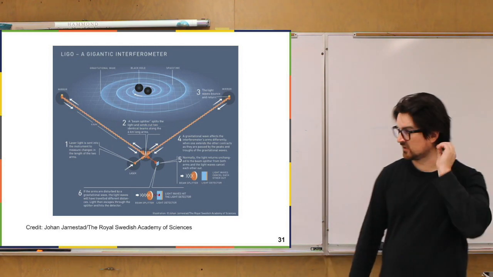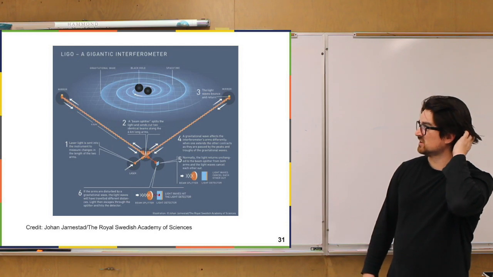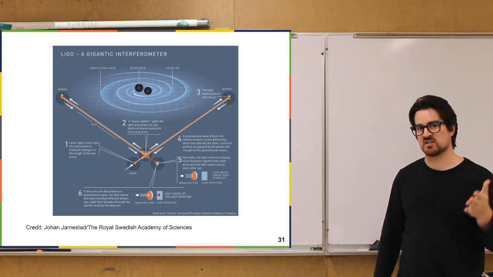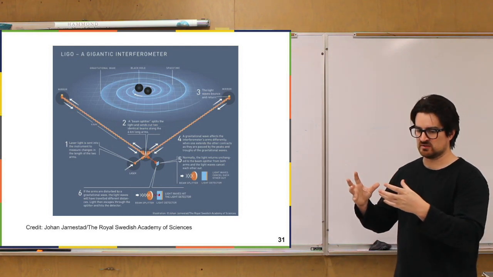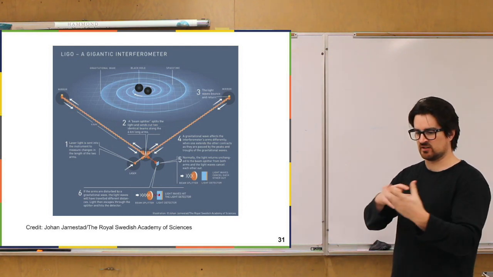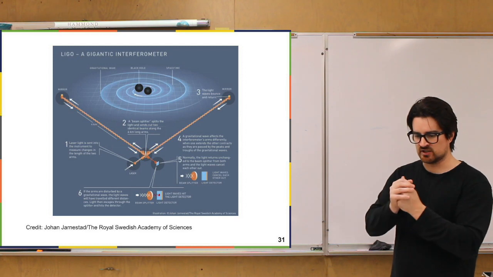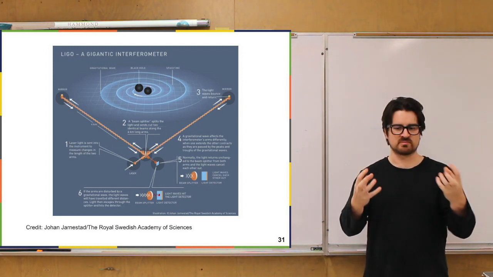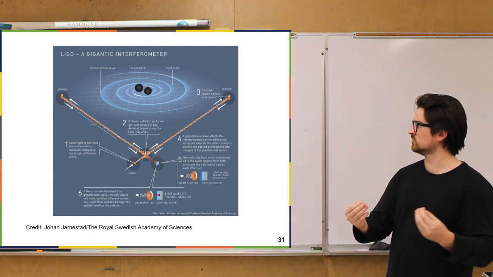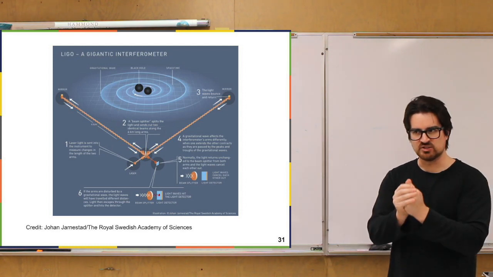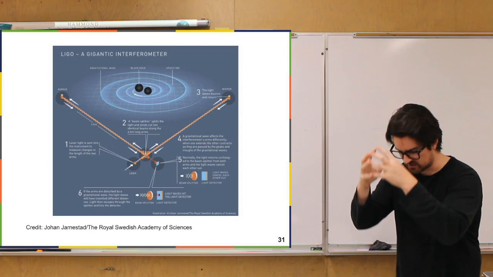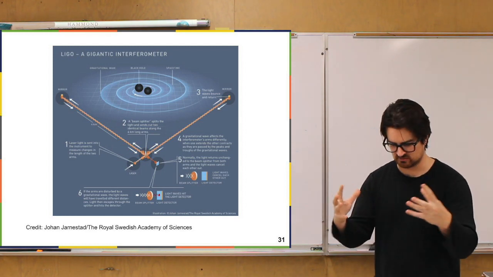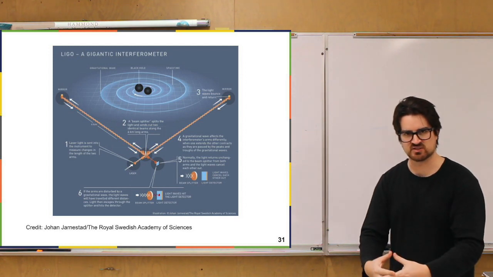So LIGO is measuring the change in, or distortion of, space-time itself. It turns out that when you have two black holes orbiting each other and then merging, the black holes themselves already warp space-time ridiculously. But when they merge, it is like dropping a rock into a pond, but it's no longer a rock, it's these two black holes, and the pond surface is space-time.